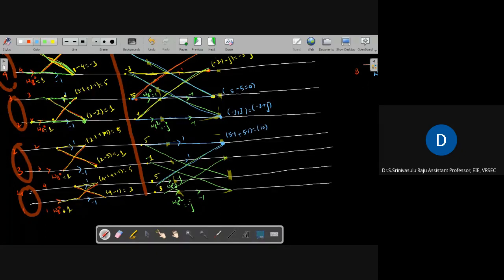And next value, this value. You see this value, minus 1 into 1, minus 1, and where is it going to be? The element 3. So 3 multiplied with W8 of 2 gives minus 3j.